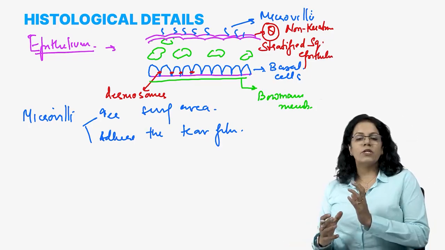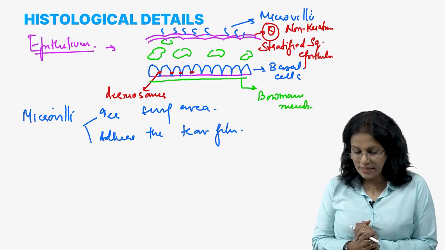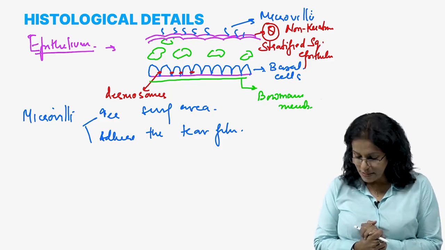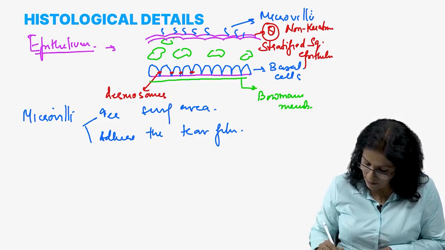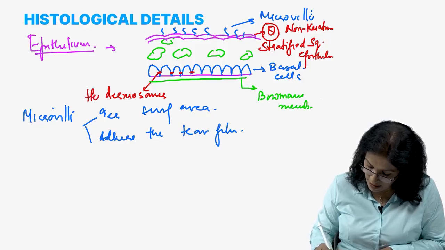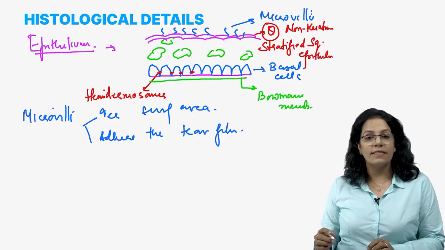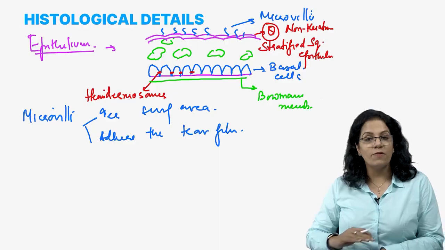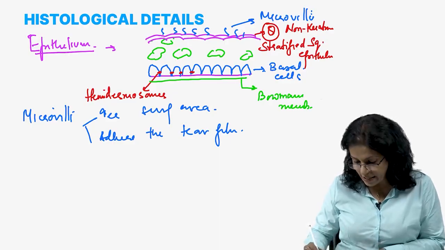Let's also talk about one basic applied thing here, the desmosomes, or rather hemidesmosomes. There is a defect in these hemidesmosomes which is responsible for the epithelial erosion in corneal dystrophy.